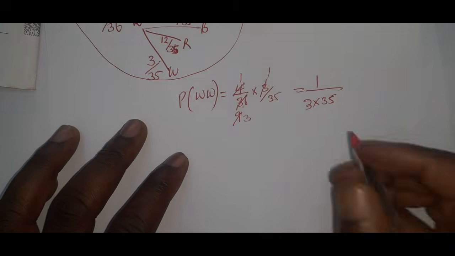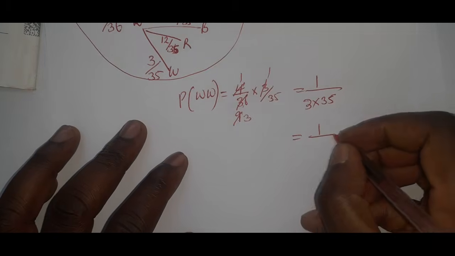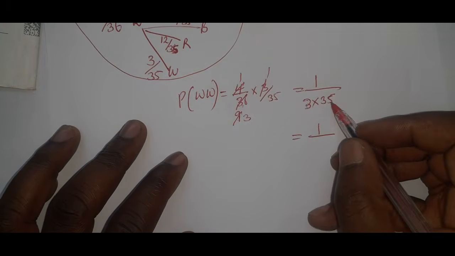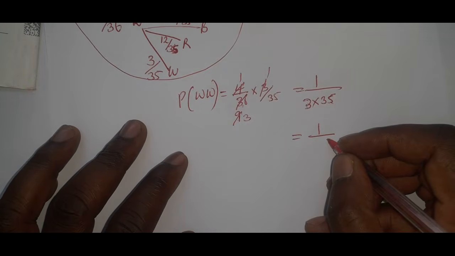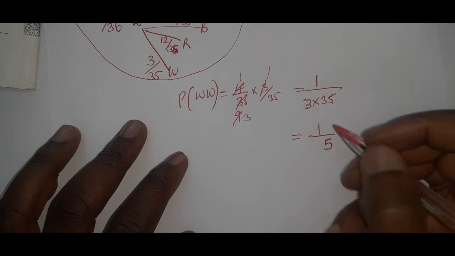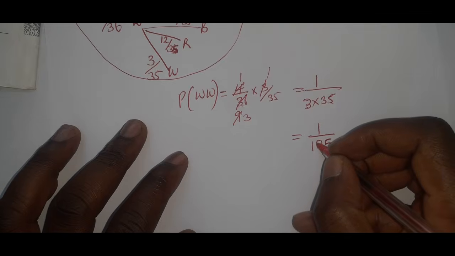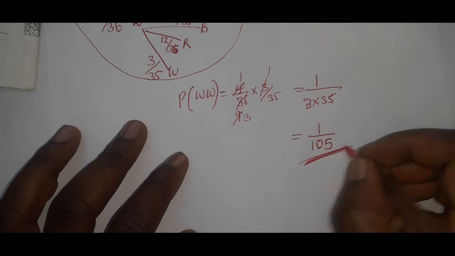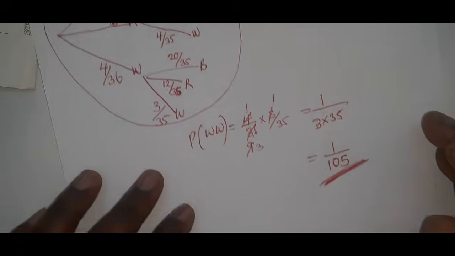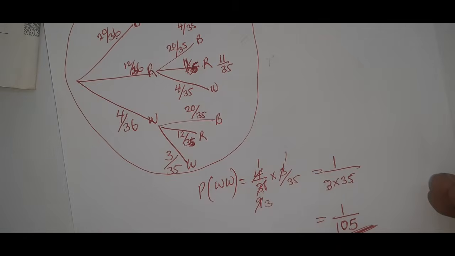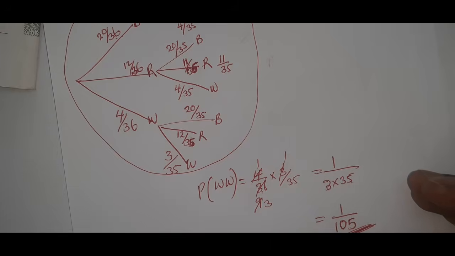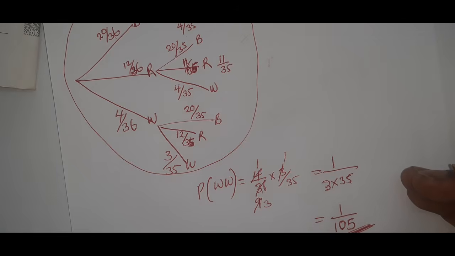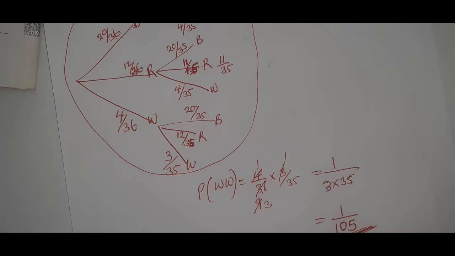So can we multiply now? What do we get? 1 over 3 multiplied by 5, we're getting 15, isn't it? So this is what is going to be our answer here. So take note, we are done with question 5A. We go to question 5B.